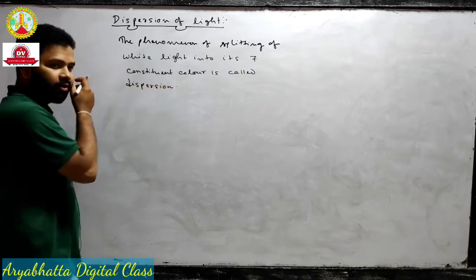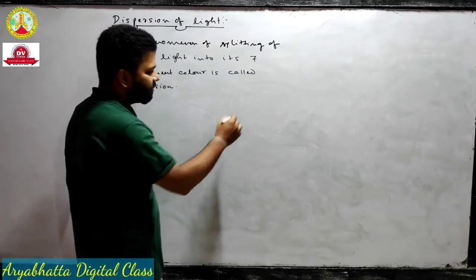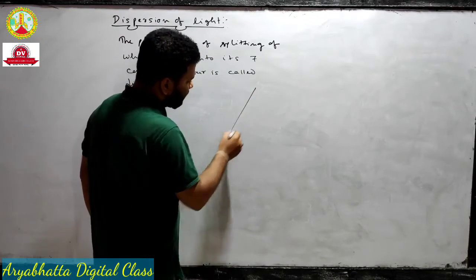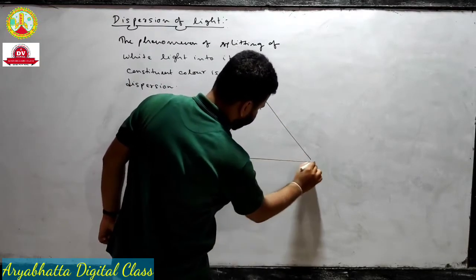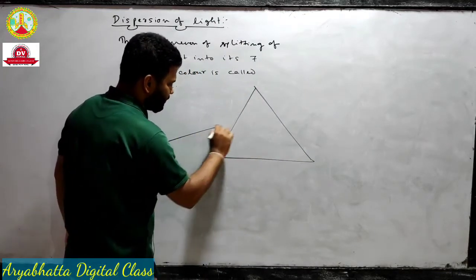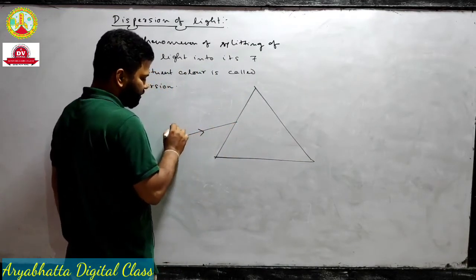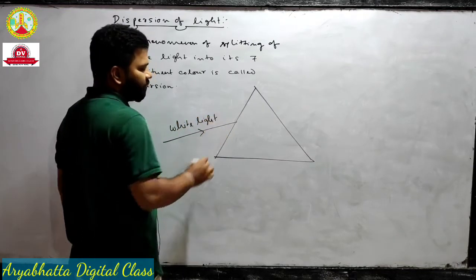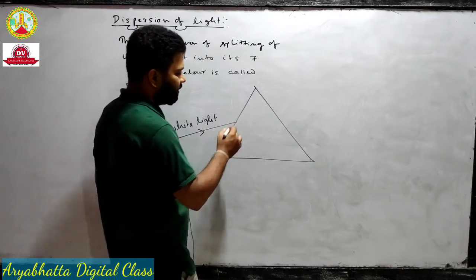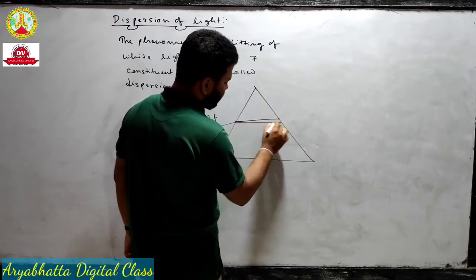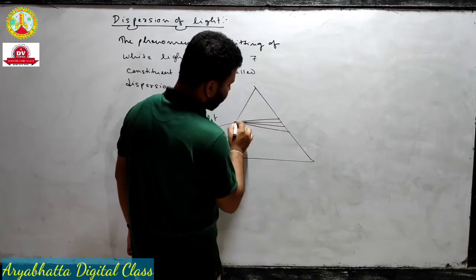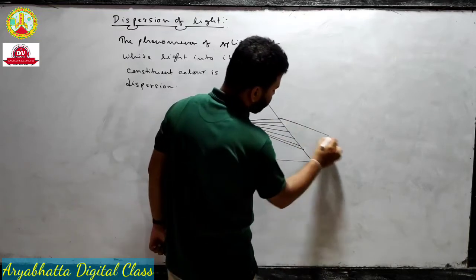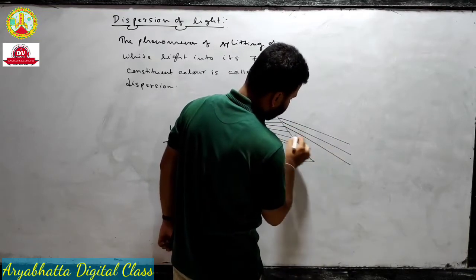Okay, so suppose this one is the prism here. Now if you pass white light, this one is the white light. So if you pass white light through a prism, then what will happen? This light will be split into 7 different colors.